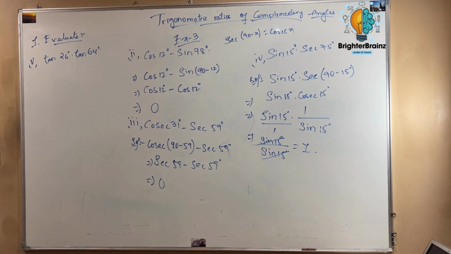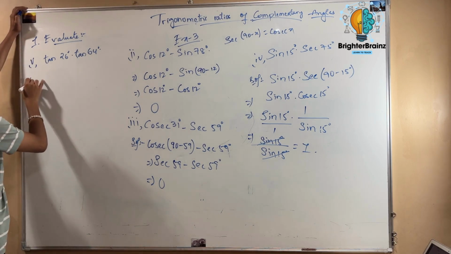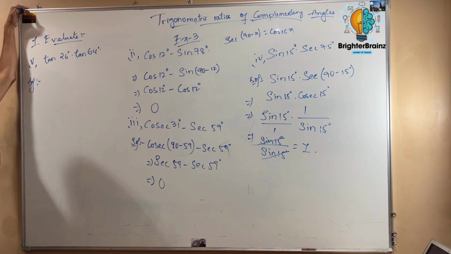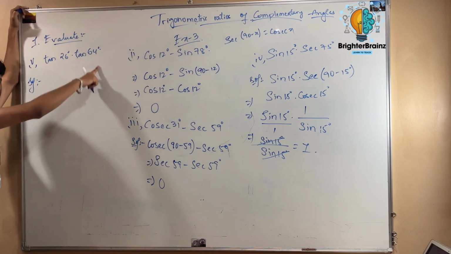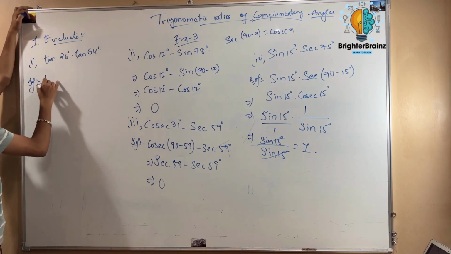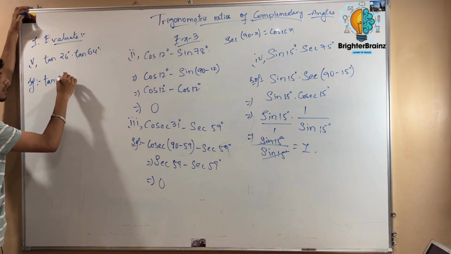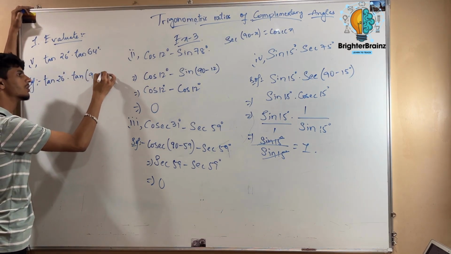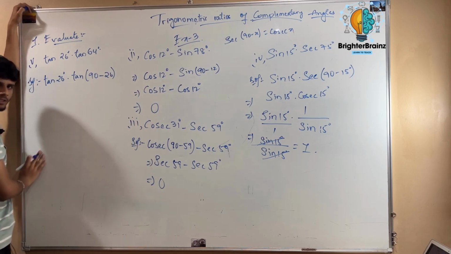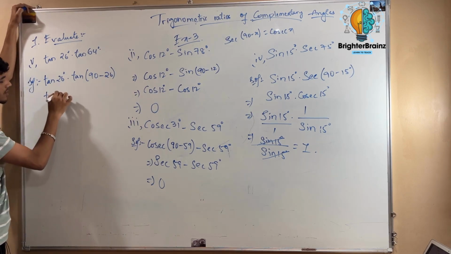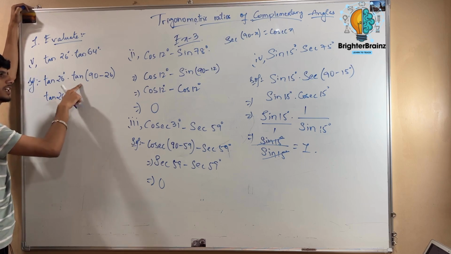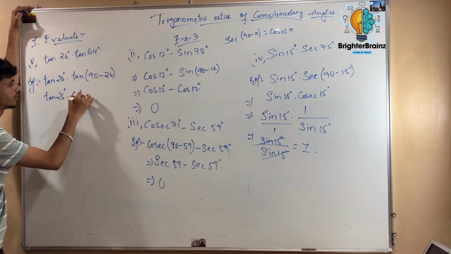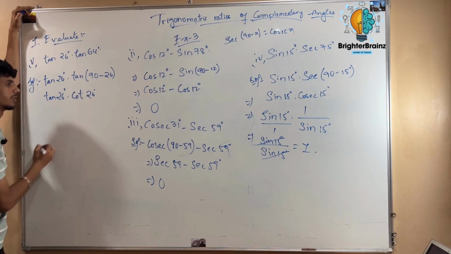Now let us change any of the ratios. Let us change tan 64. Tan 26 degrees into tan 64 can be written as tan 26 degrees into tan of 90 minus 26. Tan of 90 minus x is cot x. That is tan 26 degrees into cot 26 degrees.